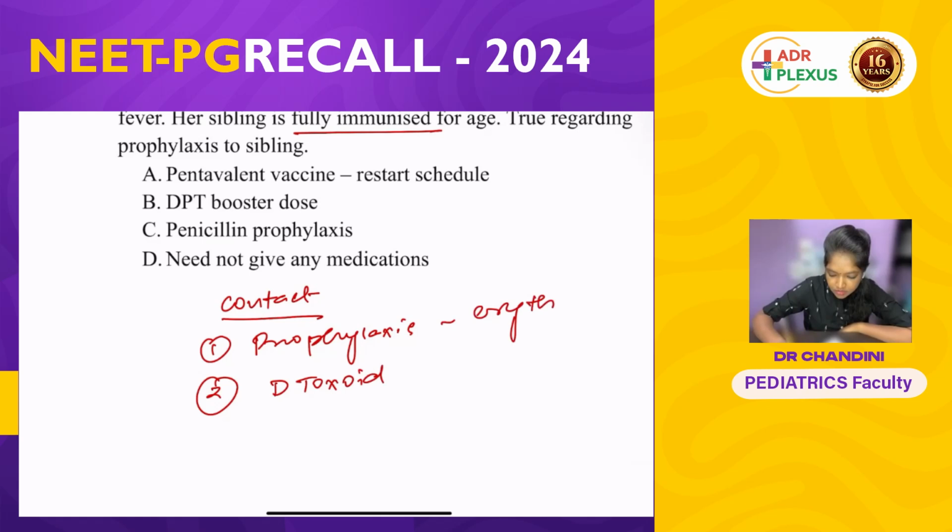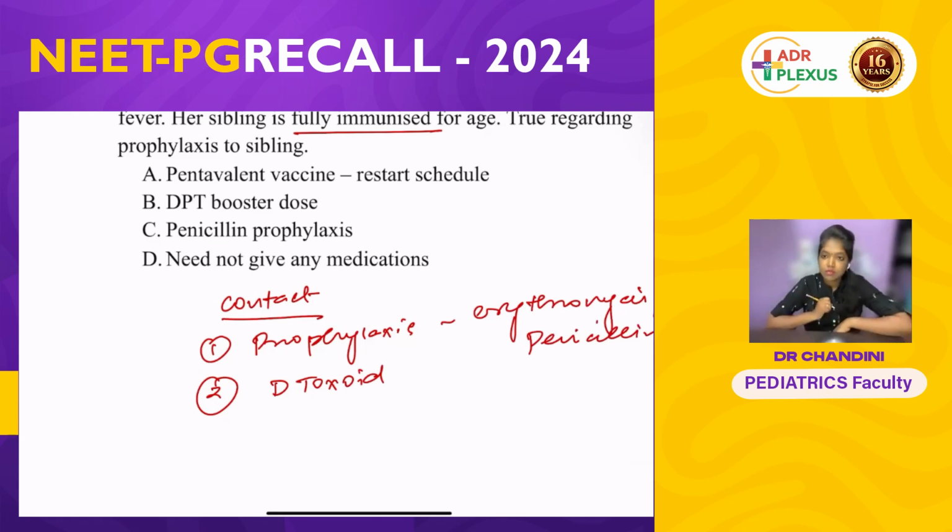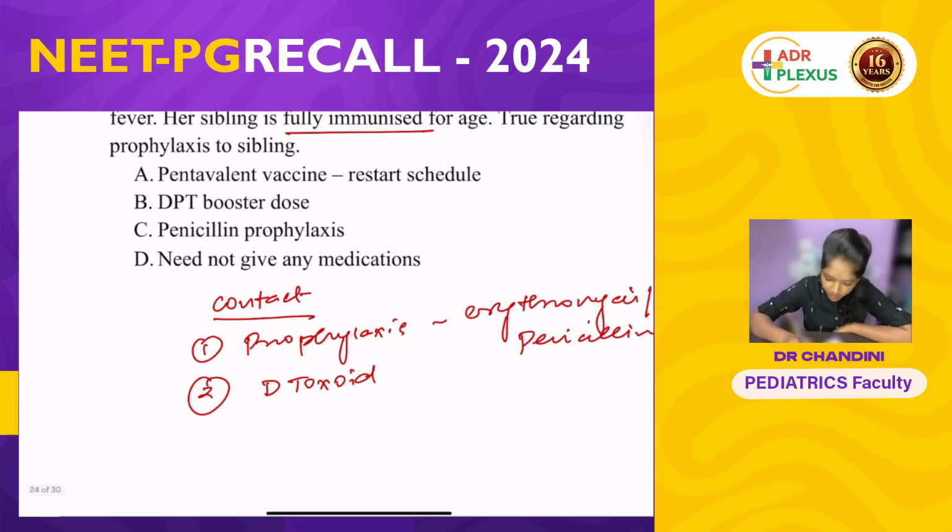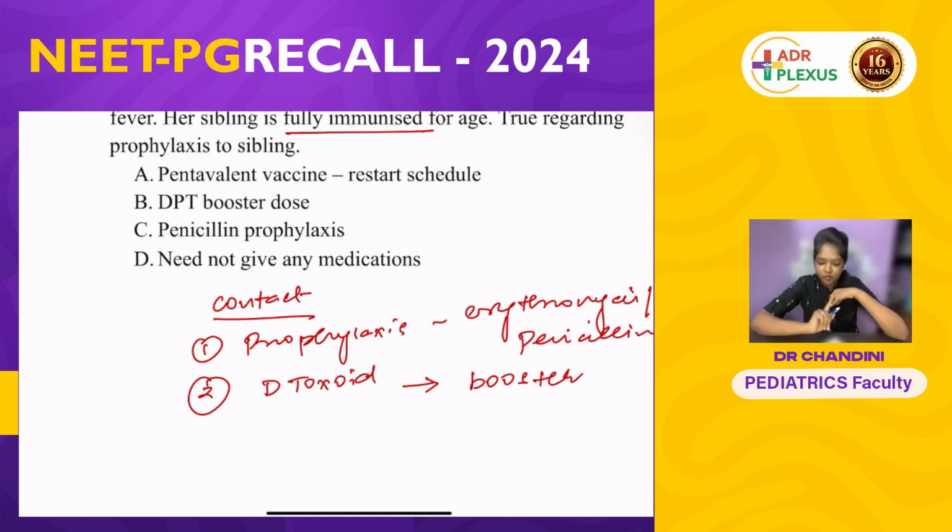Erythromycin or penicillin. If the child is not immunized, you're going to give the full dose of vaccination. When a child is completely immunized, you're just going to give the booster dose. So the correct answer would be erythromycin or penicillin prophylaxis along with booster dose of toxoid.